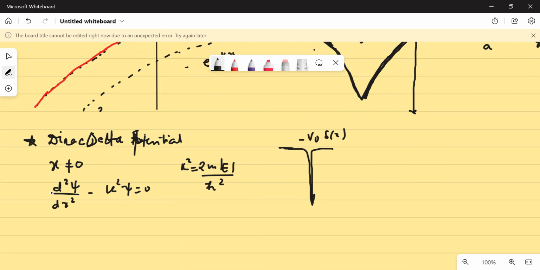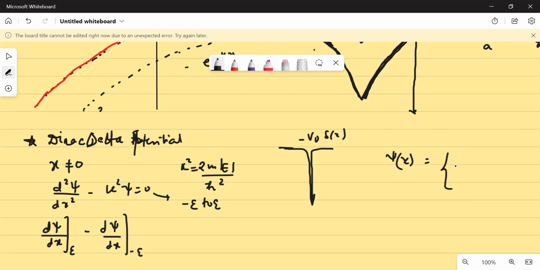And what we did, we actually integrated. We integrated this particular expression from minus epsilon to plus epsilon, and we already constructed psi of x is equal to some e to the power minus kx if x is greater than 0, and for all x less than 0, it was e to the power kx, with a normalizing constant, let's say root over k.